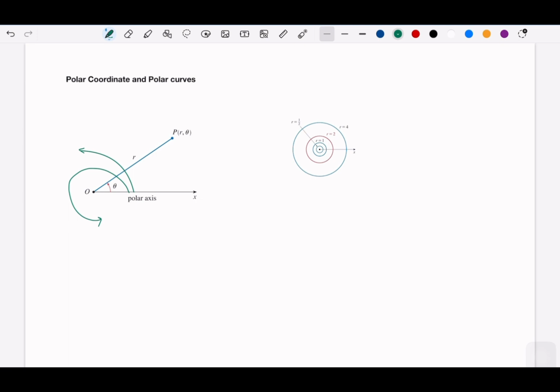And all the conversions from Cartesian to polar we are going to use all the time. For example, x is r cosine theta, y is r sine theta, and y over x is tangent theta. We use these for converting xy Cartesian to polar. All the time we are going to see this.